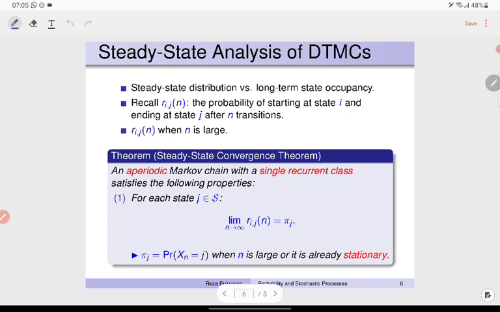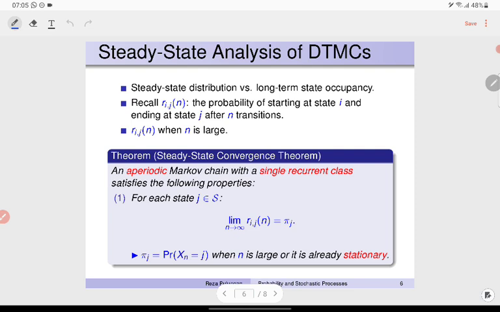But also, we can see this as a long-term state occupancy. What does it mean? It means that when we run the DTMC for a long horizon, for example, for a long time closer to infinity, we would like to know the portion of the running time that we spend in a particular state.